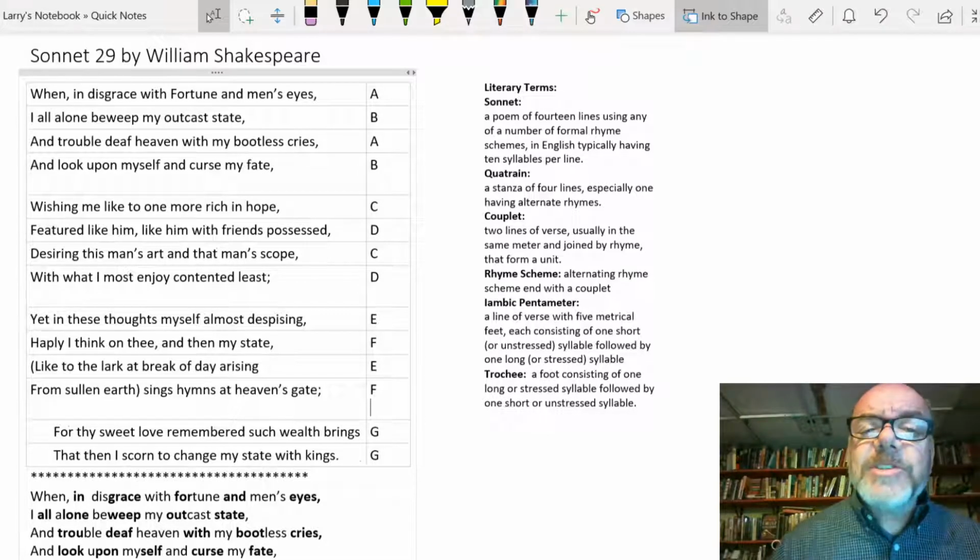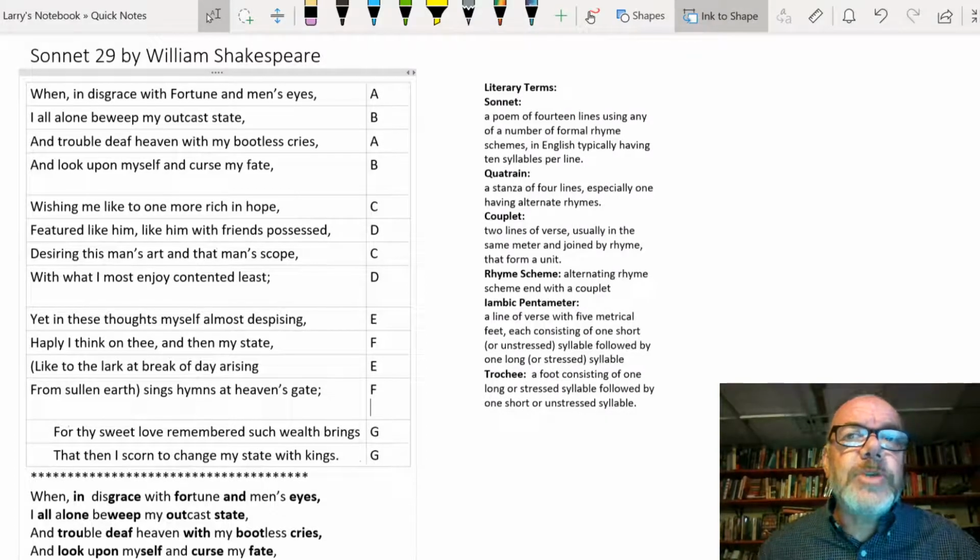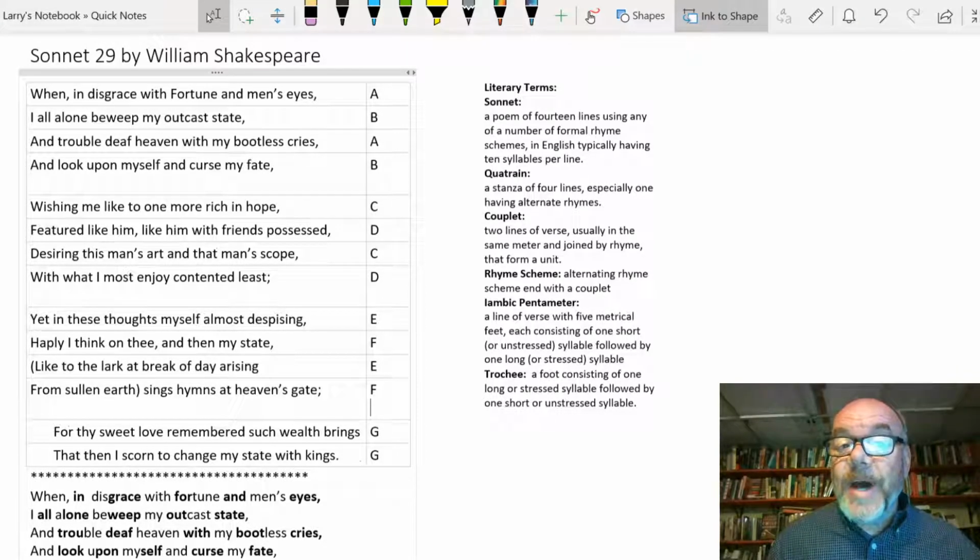I also like the word bootless too, because think about the idea that you have no foundation. Your cries are without foundation, because you know what, fortune isn't looking down on you. That men, humankind, aren't looking down on you. So we have a nice kind of ambiguity there.